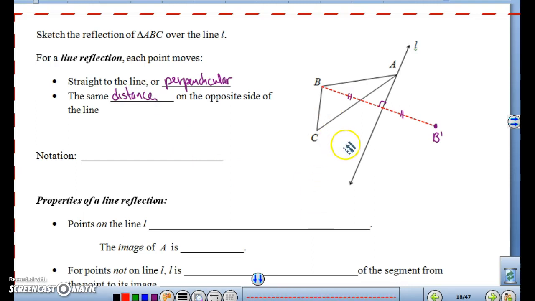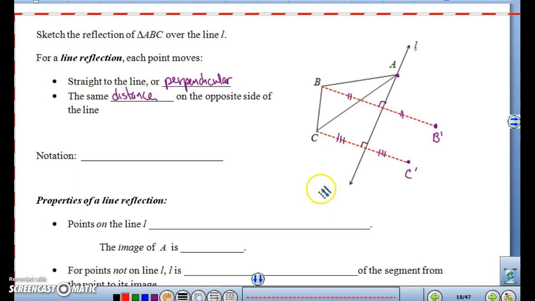If we did C, we go from C, perpendicular, and same distance on the opposite side. So this would have to be perpendicular. The distance here is equal to the distance here, so C prime would be about there. Now A is actually on the line. So if I fold on the line, isn't it going to stay there?